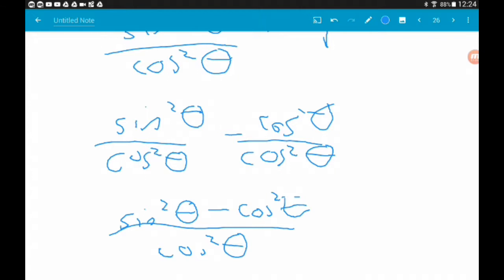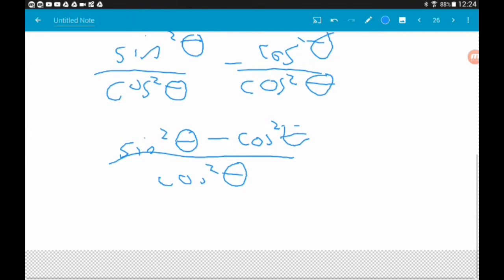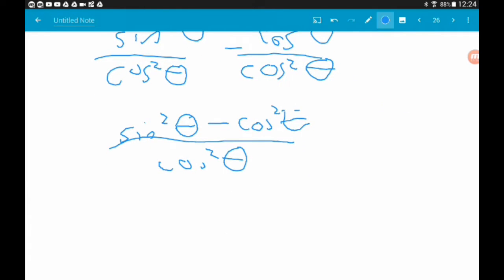Now we've got more cos squareds kicking around, so let's turn this into a purely cos squared expression. We're going to need one of our identities here. So we know sine squared theta plus cos squared theta is equal to 1.